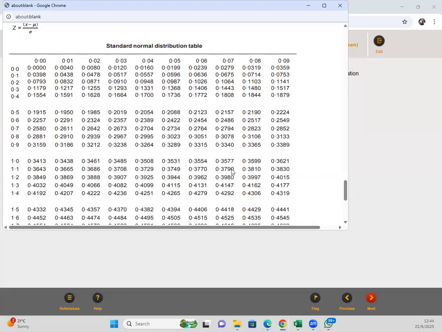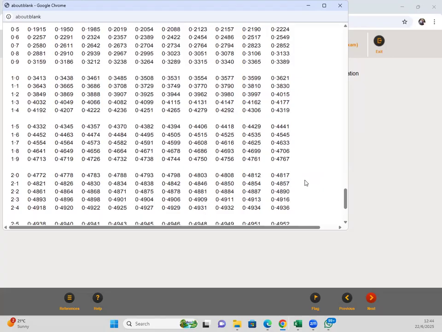The table value of 2.14: we go down the table to 2.1 under 4. So this is 2.10, 2.11, 2.12, 2.13, and 2.14.